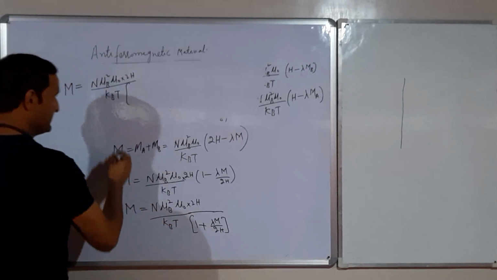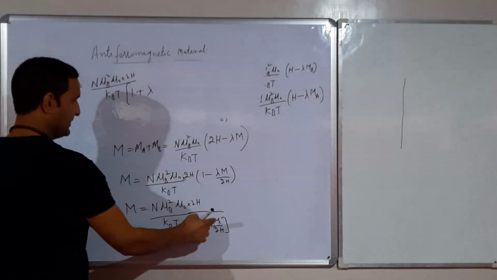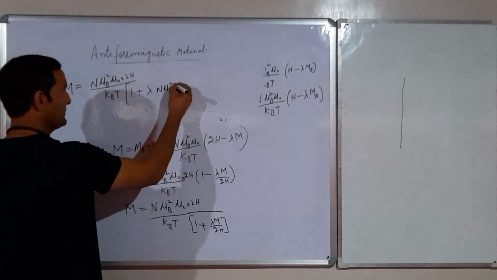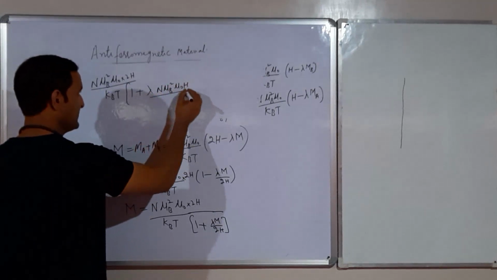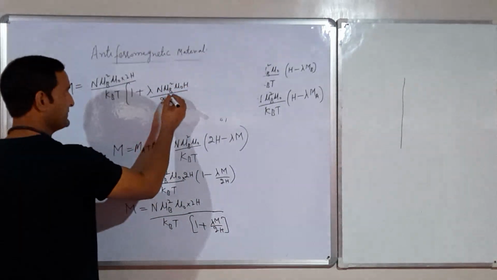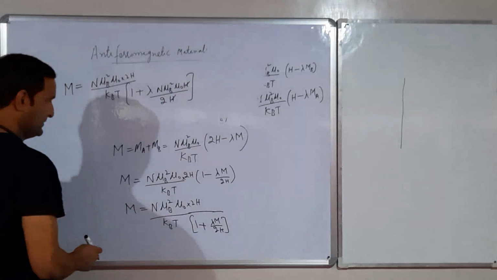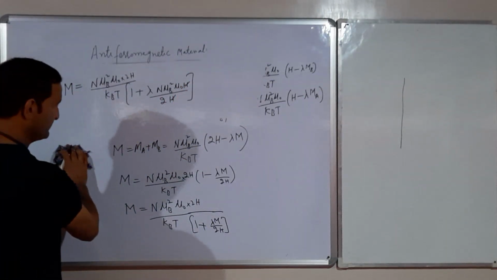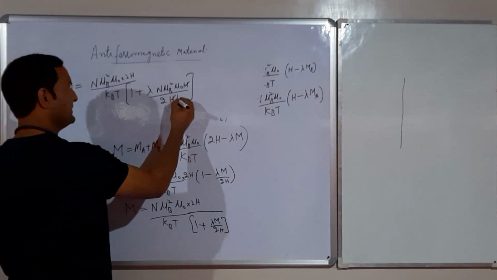Here it is 1 plus lambda M, equal to N mu B square mu naught H upon twice H. H and H goes. Upon KBT also.